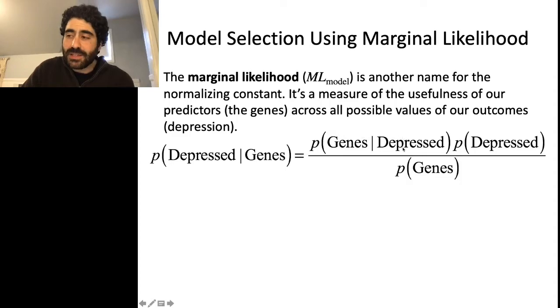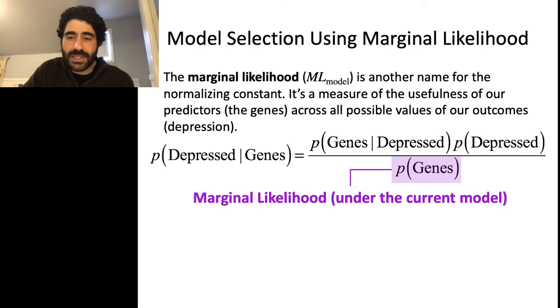What's the chance that, if you were depressed, you would have this genetic makeup? And then there was this mysterious term in the bottom that on Tuesday we figured out by summing across the possible hypotheses and setting this normalizing constant so that our conditional probabilities sum up to 1. This thing in the bottom is called the marginal likelihood.